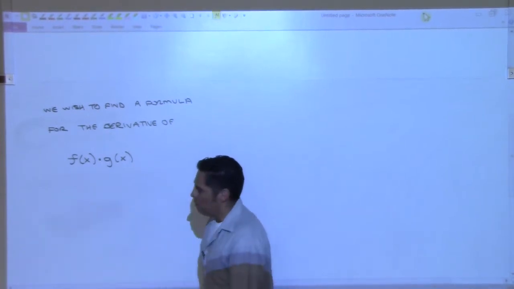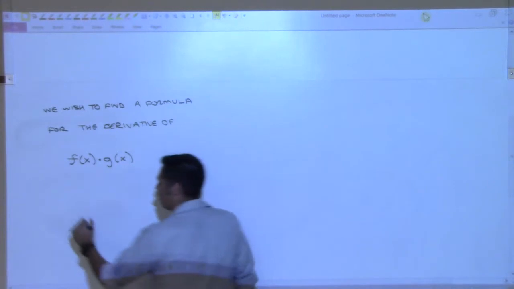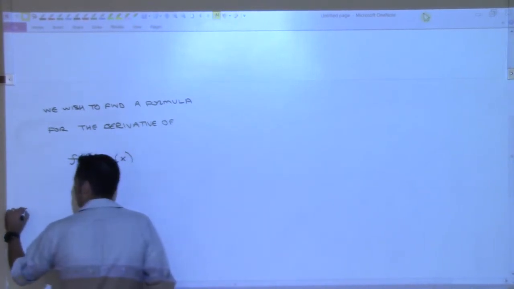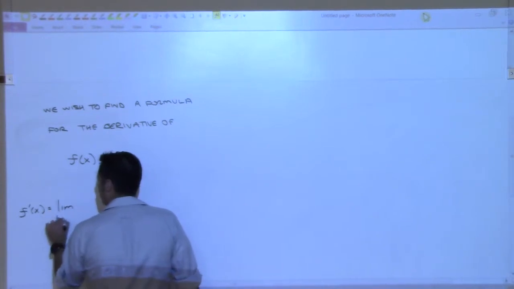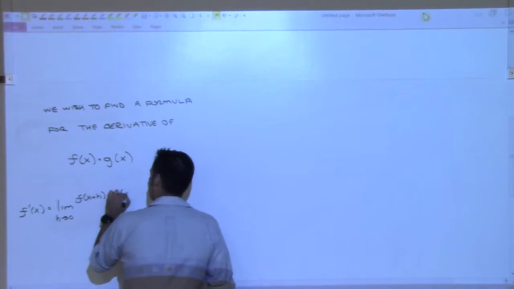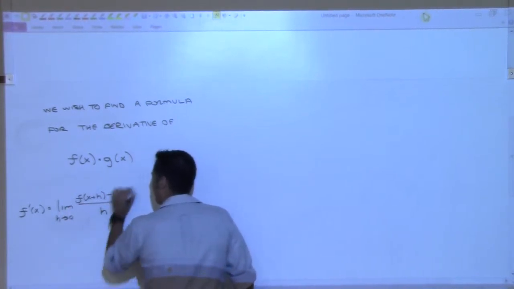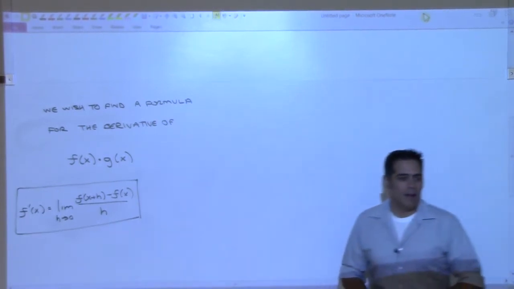So we go back to the limit definition of the derivative, which is that real ugly one. Remember the limit definition, if you say what's f prime of x, we said this is limit, h goes to 0, f of x plus h minus f of x all over h, right? That right there is the formula we all have burned into our heads now, right?